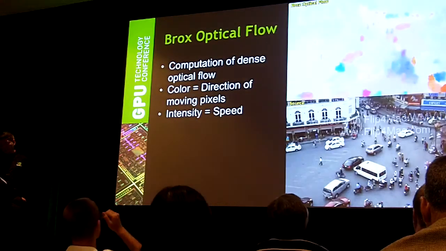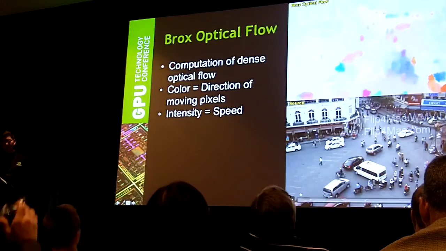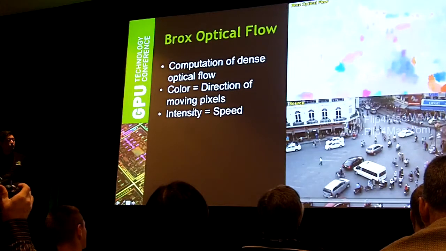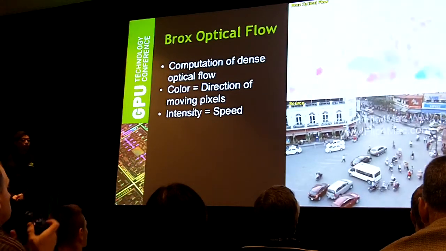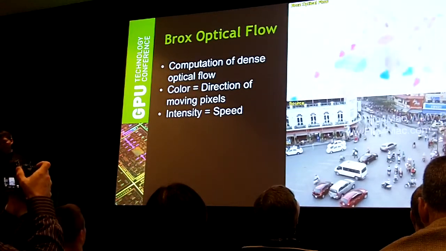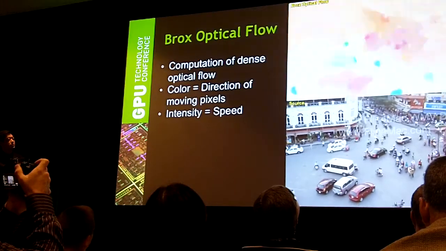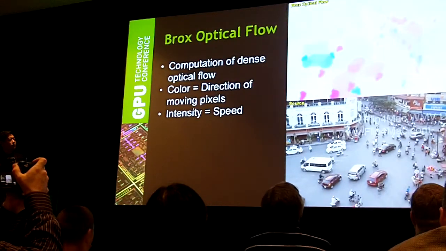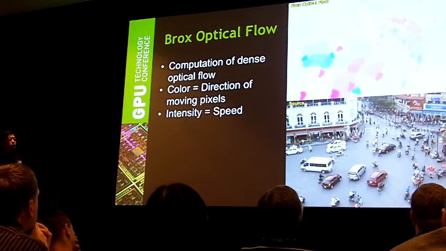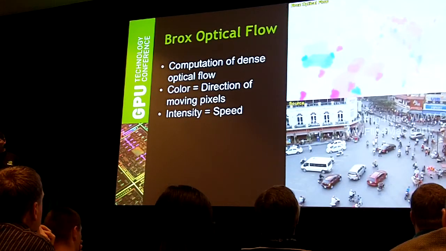All right, this is a little video of what it looks like when you have optical flow running. In the frame on top, you see a lot of little blobs, which is the computation of the dense optical flow for a particular video.